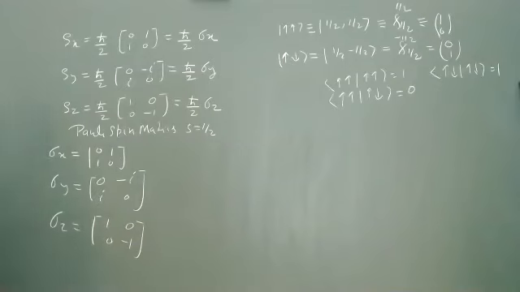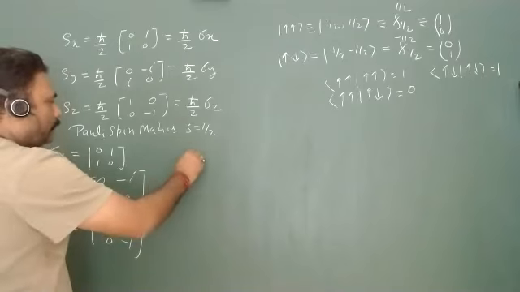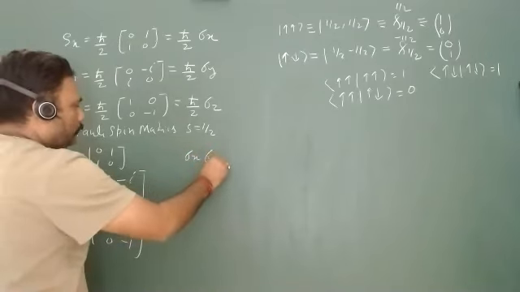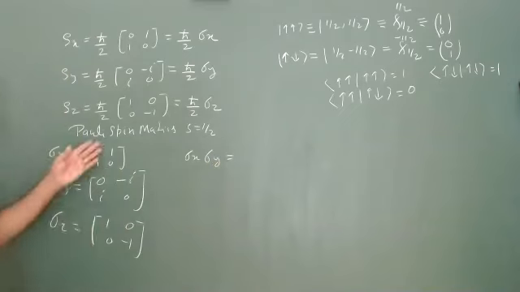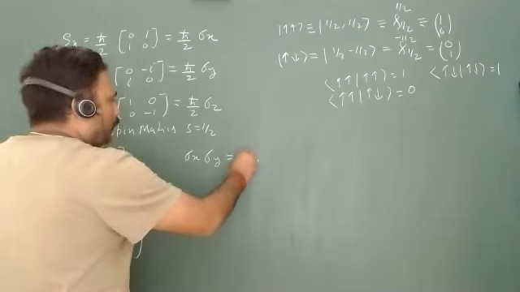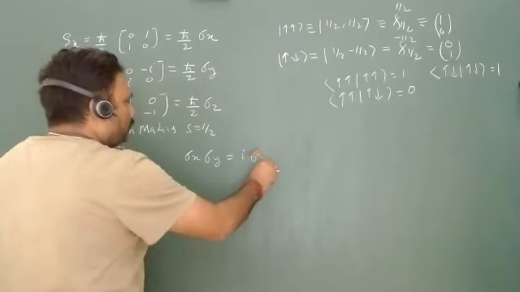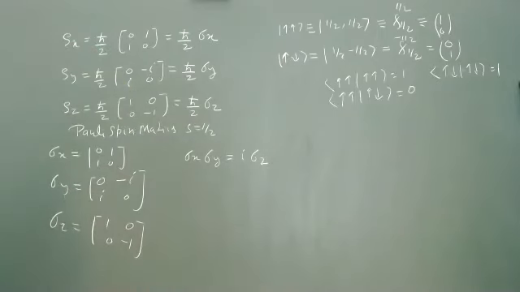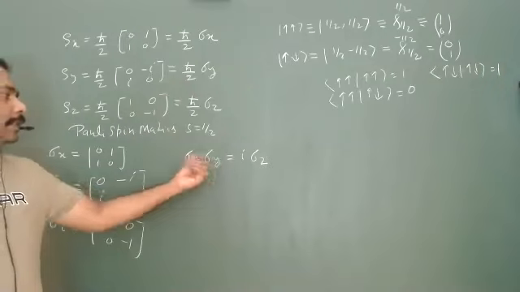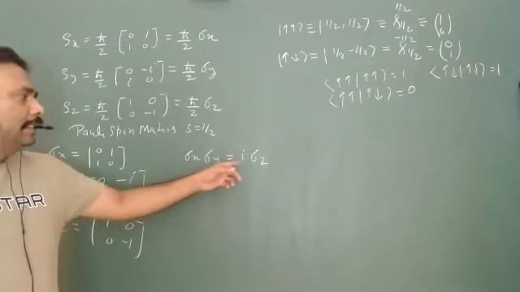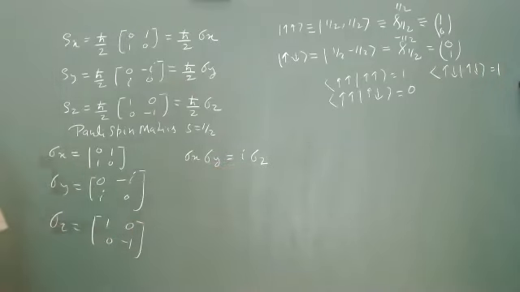You can easily see that if you multiply sigma x into sigma y, you will get i times sigma z. But if you go for sigma y sigma x, then this will be minus i times sigma z. So they are not going to commute. Pauli spin matrices are not going to commute.